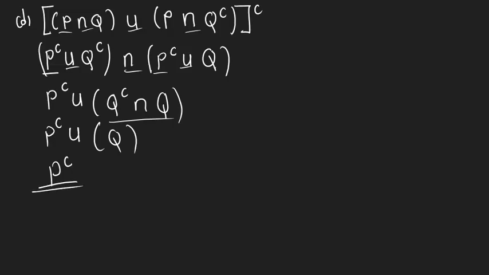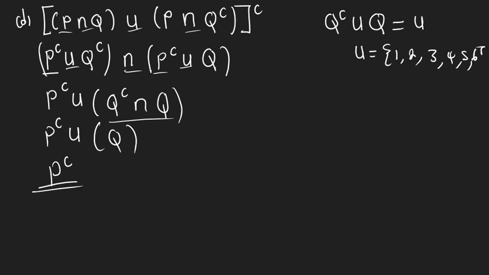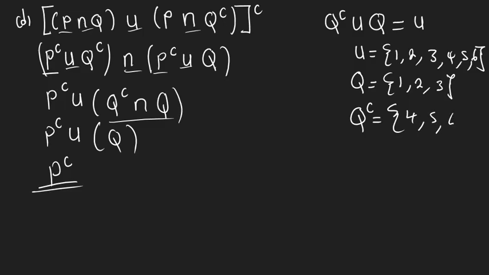How is Q complement union Q becoming the universal? If the universal set is equal to 1, 2, 3, 4, 5, 6, and Q is a set such that it is 1, 2, 3, then Q complement is going to be everything that is outside Q. So we are going to remain with 4, 5, and 6.